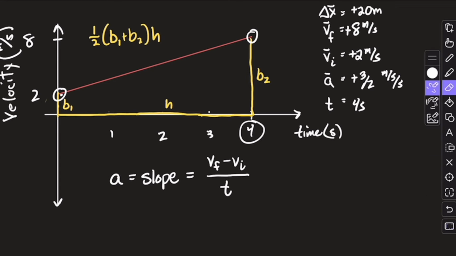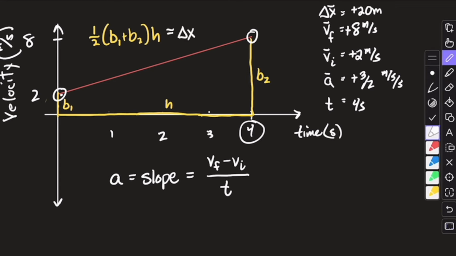It shouldn't be a stretch that we can also do that for displacement. Look at the symbols that we had to use here. The initial base is actually the starting velocity, the initial velocity. That second base is the final velocity.